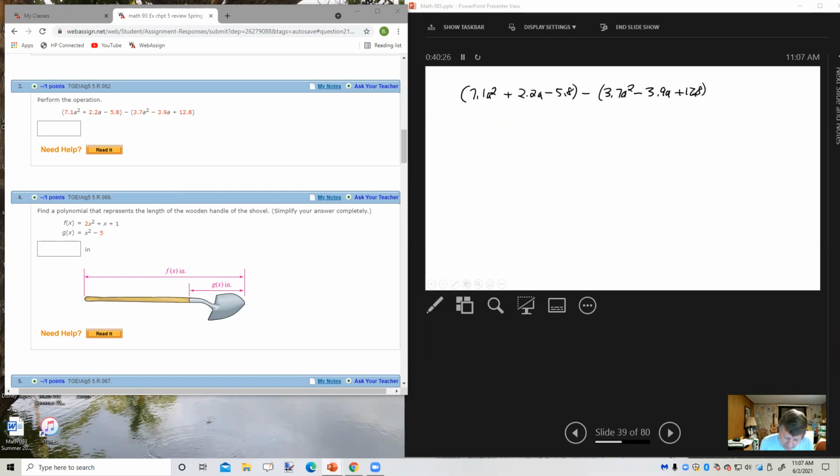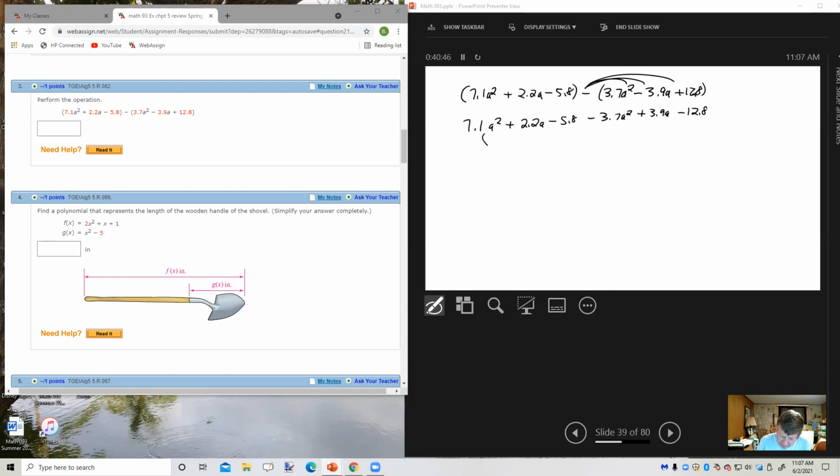I want to point out that when you have nothing in front of a set of parentheses or a plus sign, you just bring down what's there.